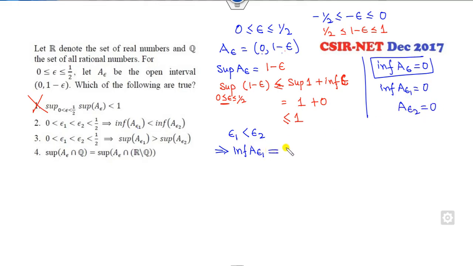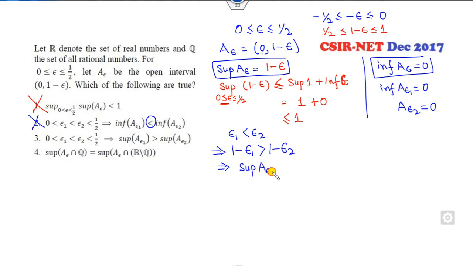So both the values are same, but he said less than, cancel. Whenever epsilon 1 is less than epsilon 2, now they are talking about the supremum. So what does it mean? 1 minus epsilon 1 is greater than 1 minus epsilon 2. So the supremum of A epsilon 1 is greater than the supremum of A epsilon 2. So this is my correct option.